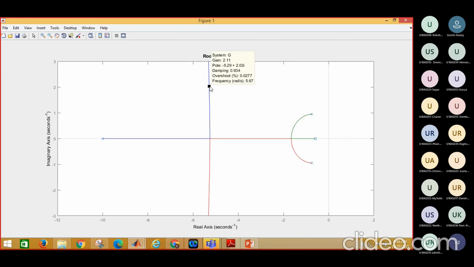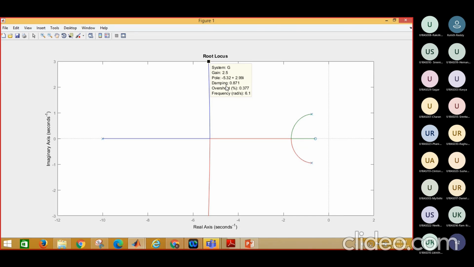If you see here, my gain value is almost 2.5, 2.48. My gain value is 2.5. What is my damping? My damping is 0.871.